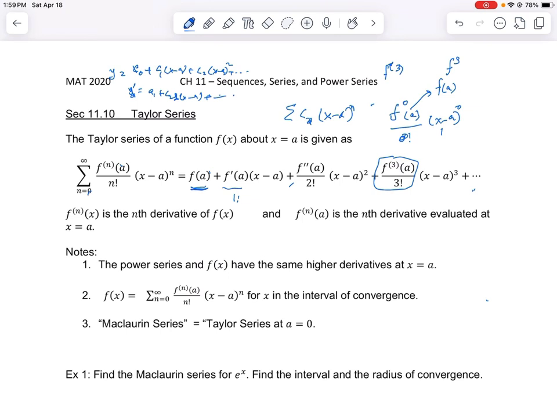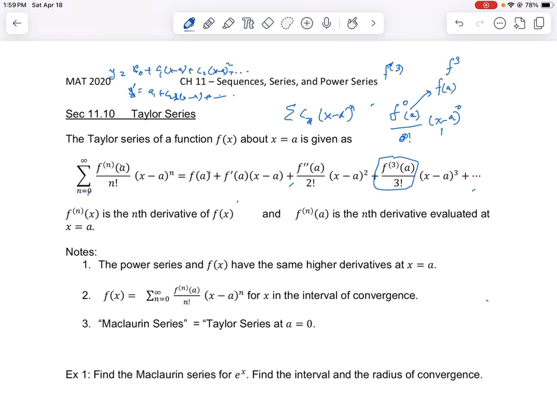So now we can say that this is the same as this. That's how we are getting these f primes in here. You don't have to worry about that. You just remember that the derivatives of the function and the derivatives of the series are the same everywhere at a.